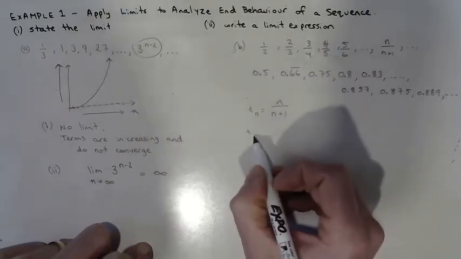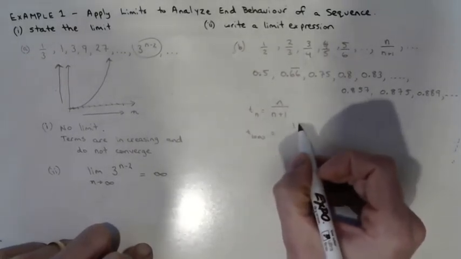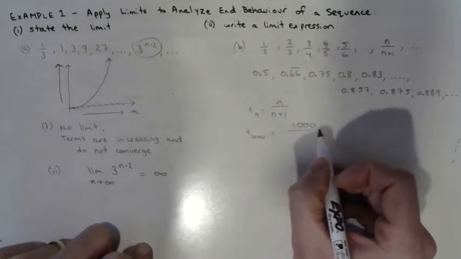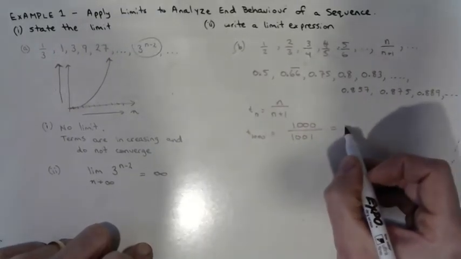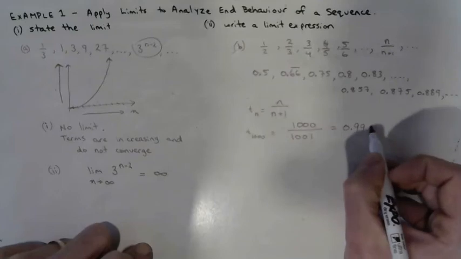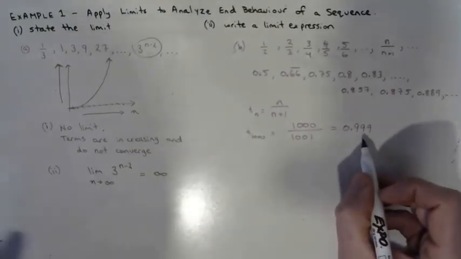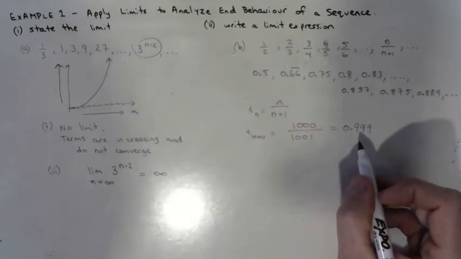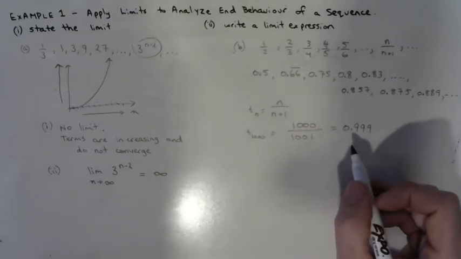So if we subbed in 1,000, let's say, we would end up with 1,000 over 1,000 plus 1, 1,001. And we would get 0.999. Okay, so it's going to get closer and closer and closer to 1, but it's never going to reach 1 because the value of the numerator is always 1 less than the value of the denominator.